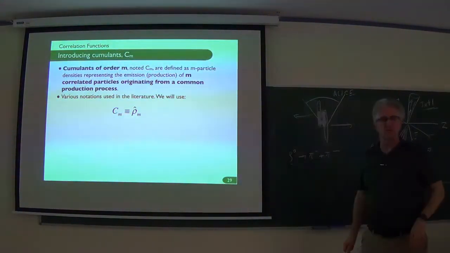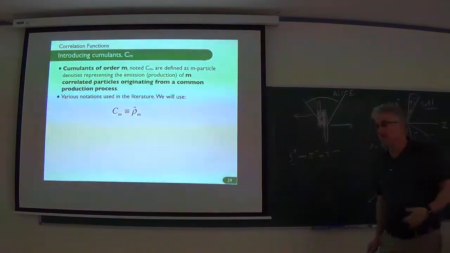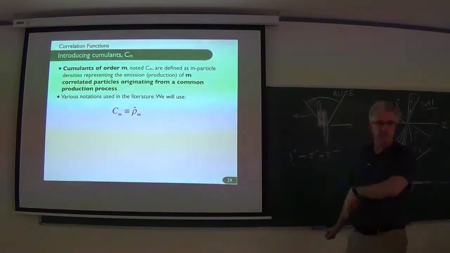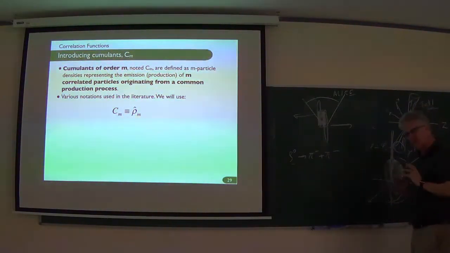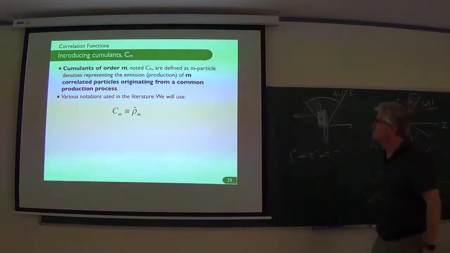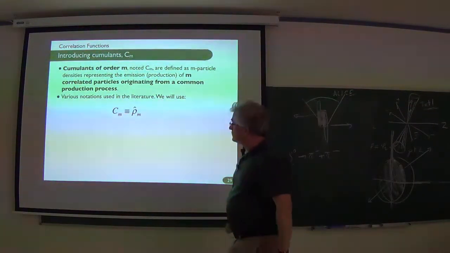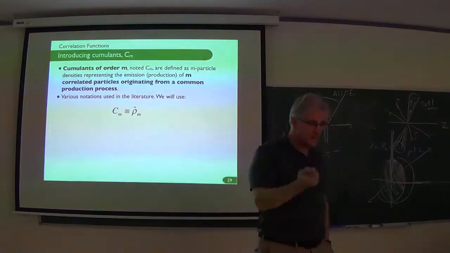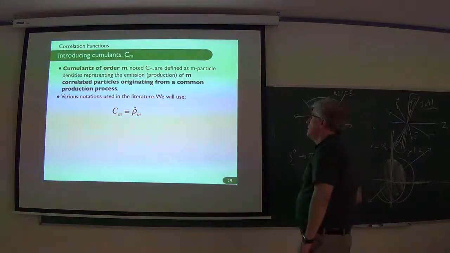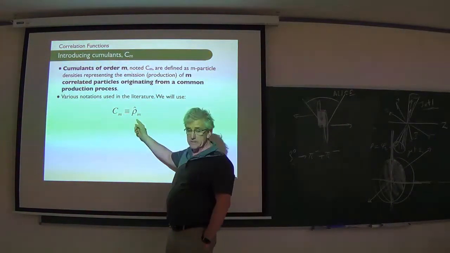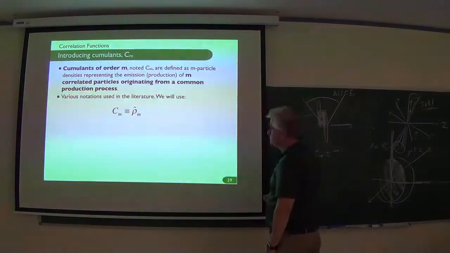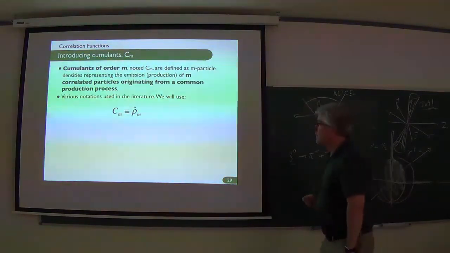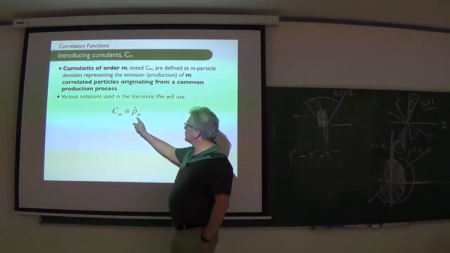Now, to do this in the right fashion, we would use generating functions. But I'm not going to do that. I'm going to focus on the physics more than the mathematics, or try to. So what I will call a cumulant of order m will correspond to a density, or experimentally an estimator of the density. In the literature, you will often see rho with a hat.